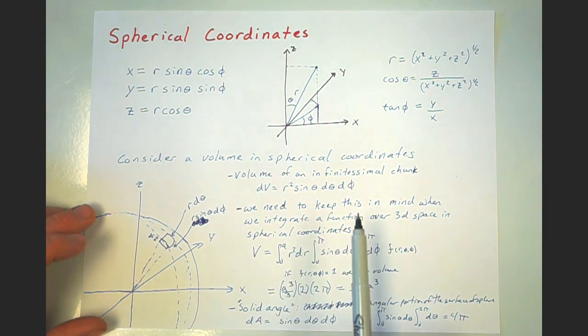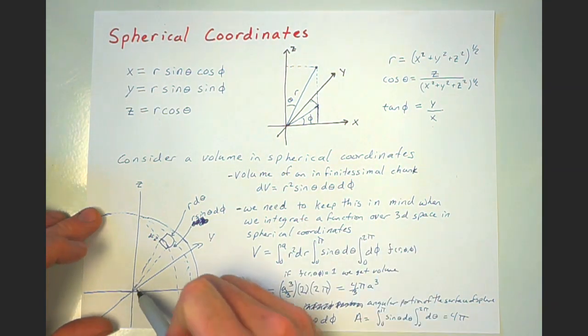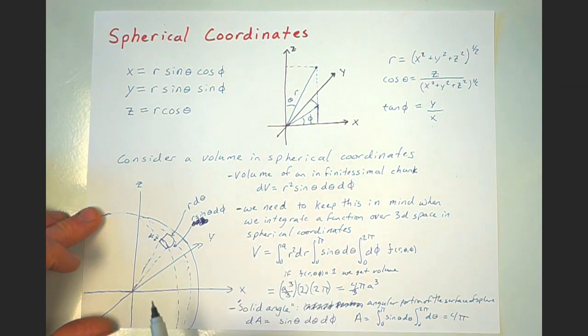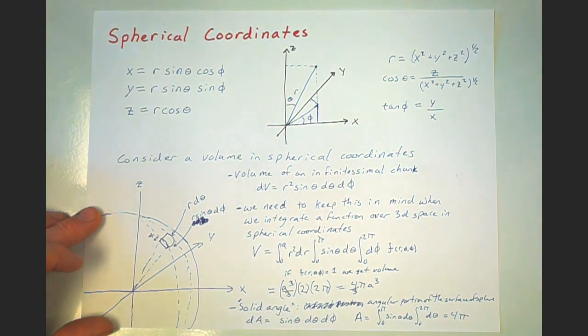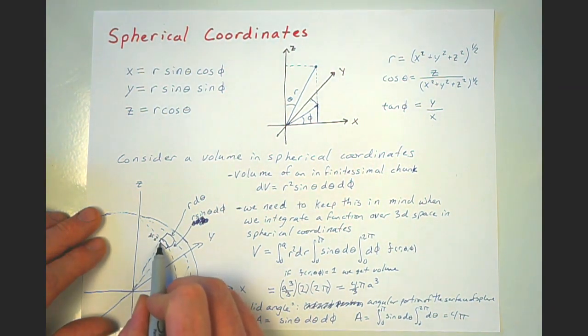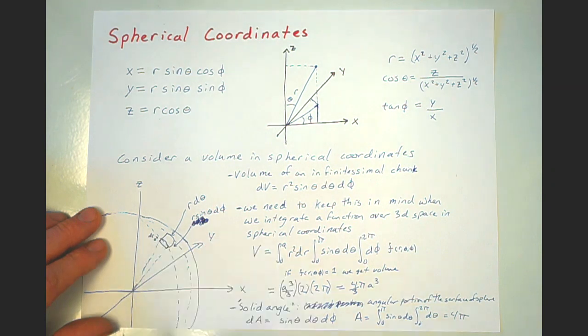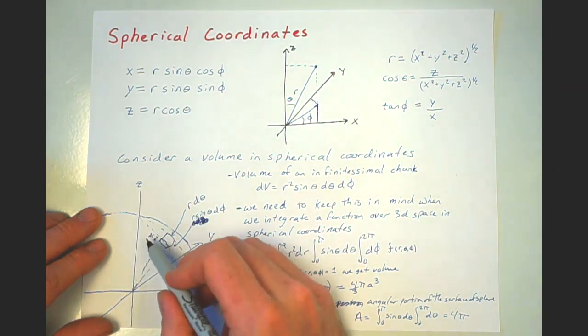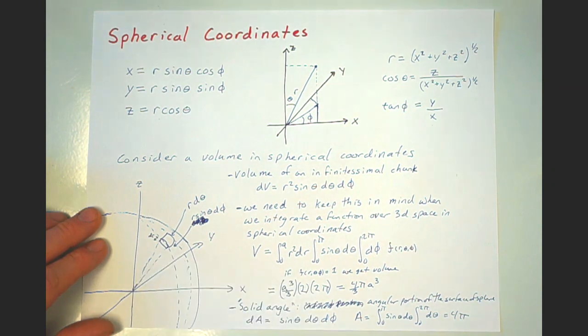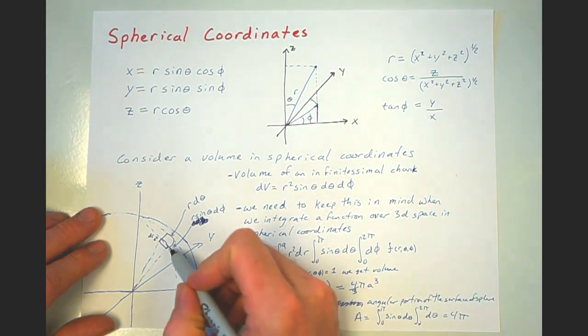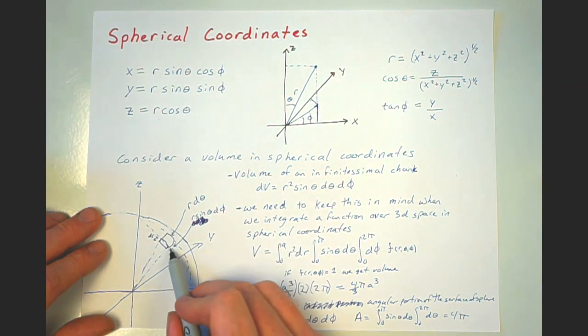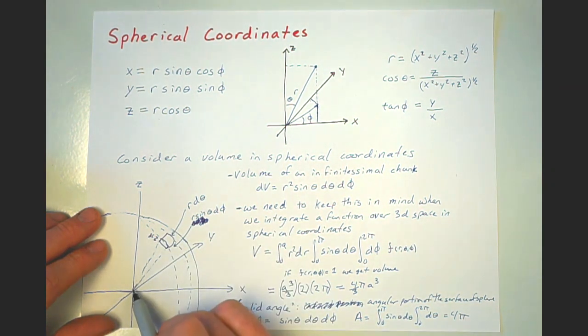Now, in spherical coordinates, we have to be a little bit more careful, because if we think about some region in space, some box like this, expressed in spherical coordinates, it might span some angle of inclination, an angle around the equator, and some thickness dr. But this area carved out is going to get bigger the further we are from the center.